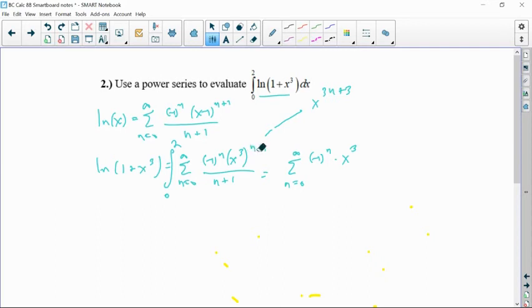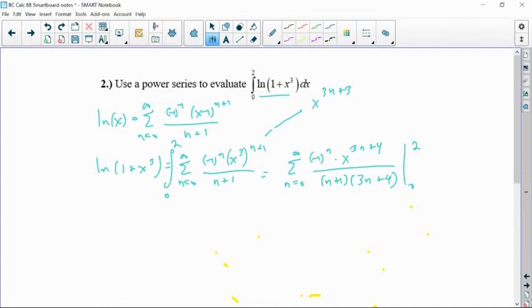That's probably the easiest way. So that's x to the 3n plus 3, one more power, x to the 3n plus 4, and then all divided by n plus 1, which is originally down there, and then 3n plus 4 here. And we're going to evaluate that from 0 to 2.